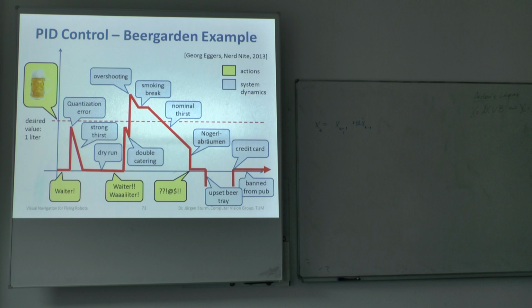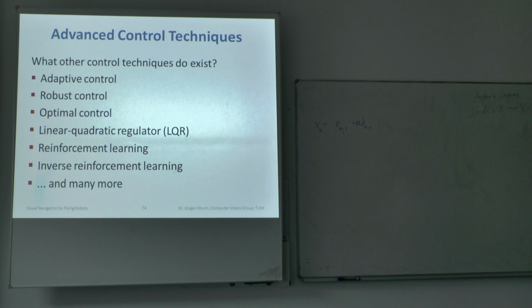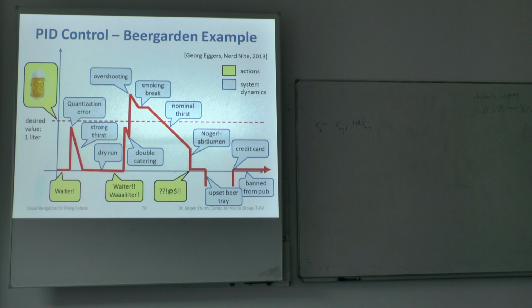Good. I just thought that this was a funny example. Just for clarification, with this normal thirst, a controller would actually stop at the 1 liter and just have it standing there? Oh yeah, right. And this is where the model is wrong. It does not perfectly fit, of course.